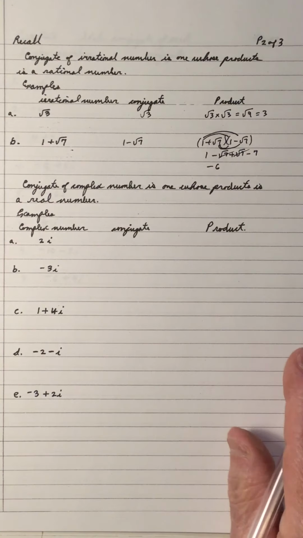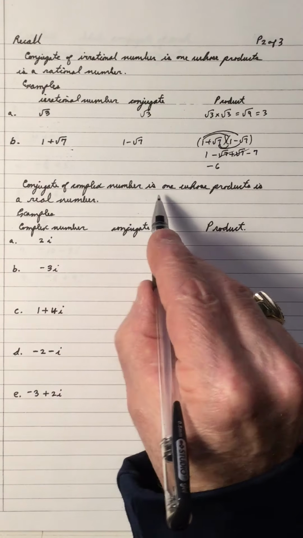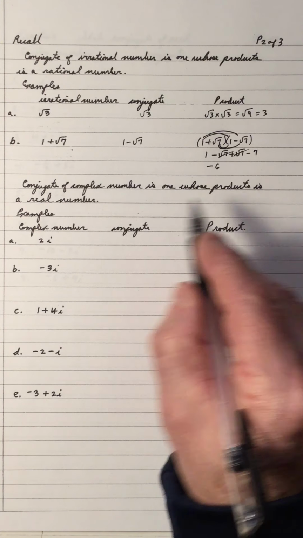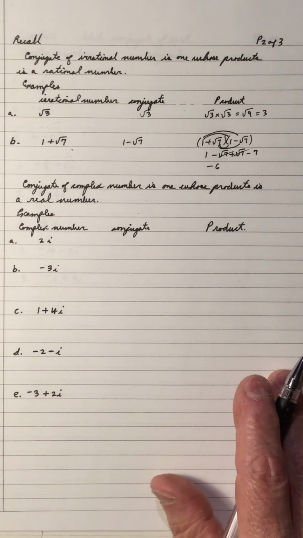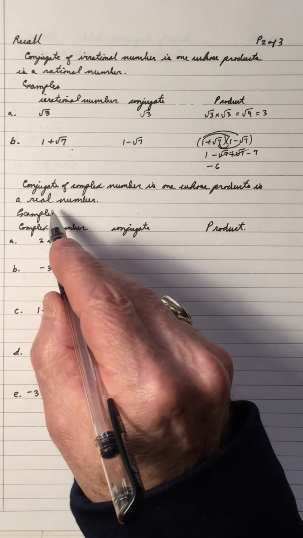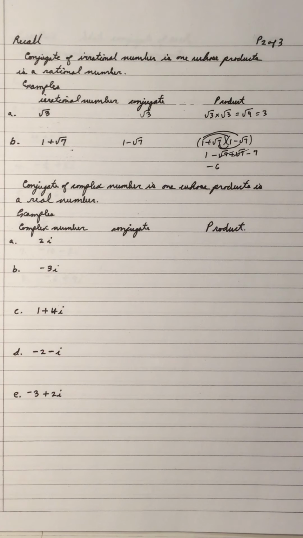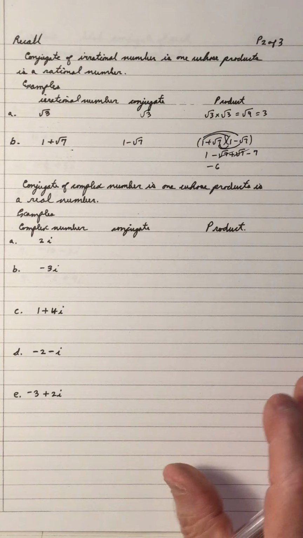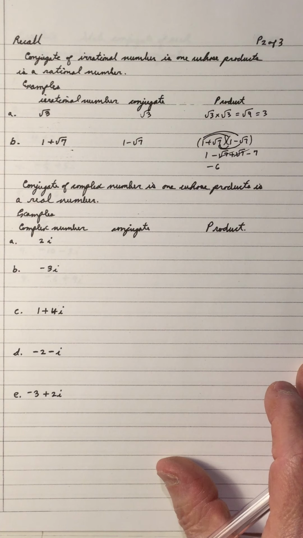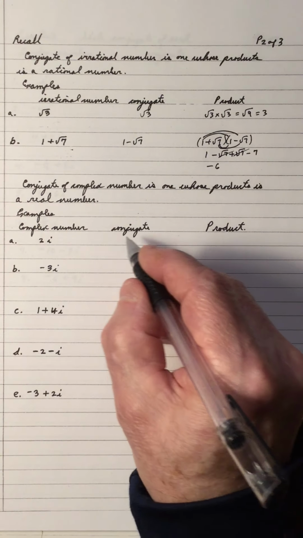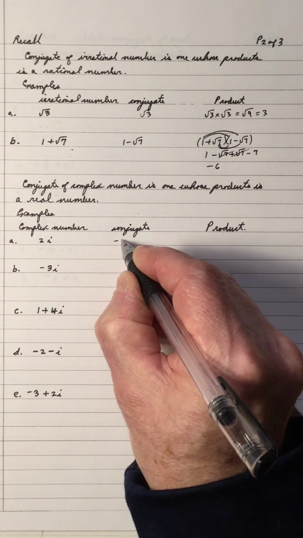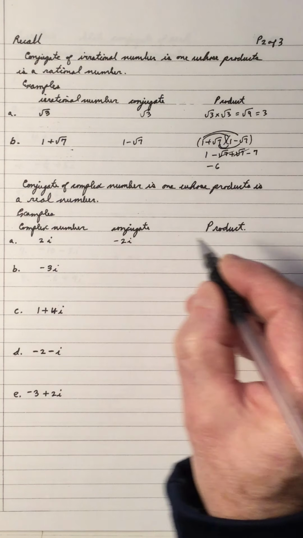So conjugates. The conjugate of a complex number is the one whose product is a real number. So notice now that if you have a complex number, then its conjugate will give you a real number. If you have 2i, its conjugate is negative 2i.